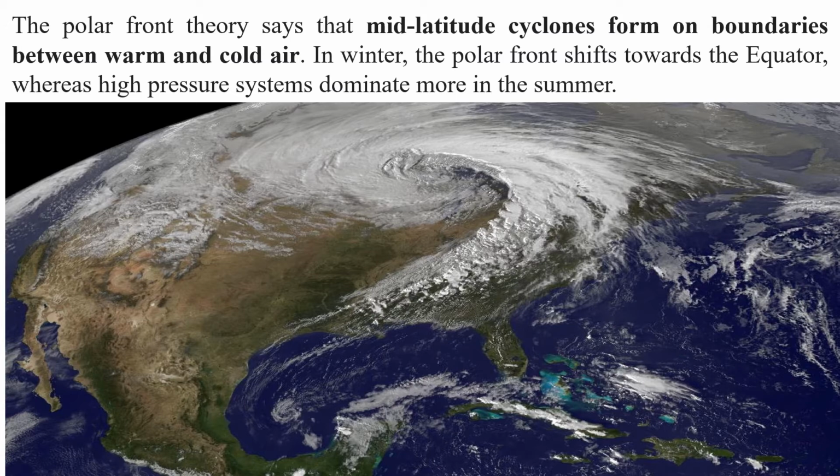So the development of a mid-latitude cyclone, according to the Norwegian model, begins along the polar front, and the polar front actually is a semi-continuous global boundary separating cold polar air from the warm subtropical air.